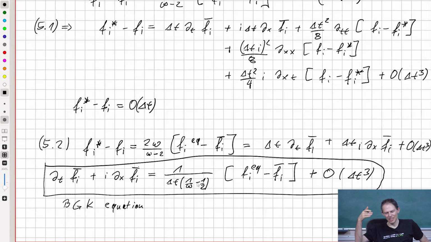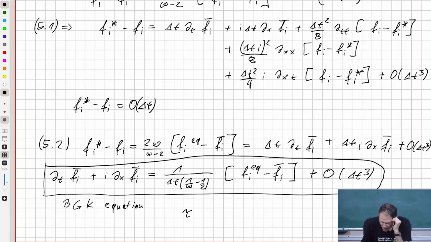You may have assumed that there would be just 1 over omega. However, due to this splitting that also led to this f over bar, we now have a small modification.